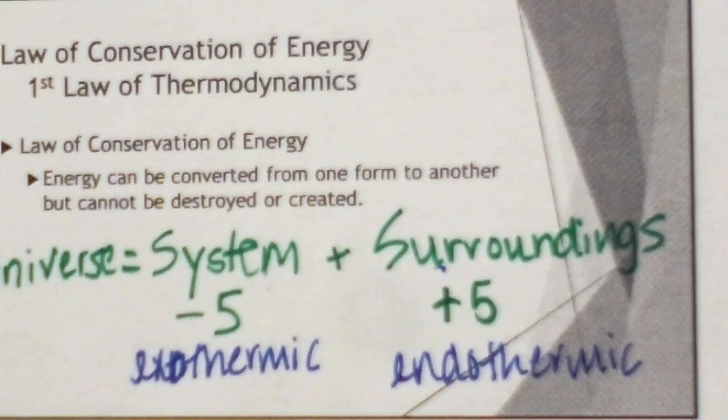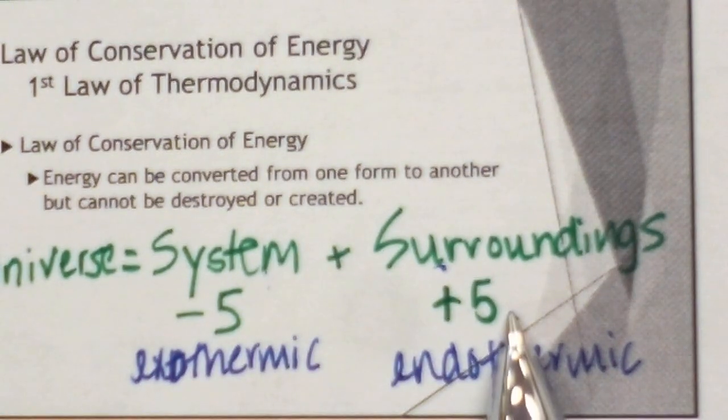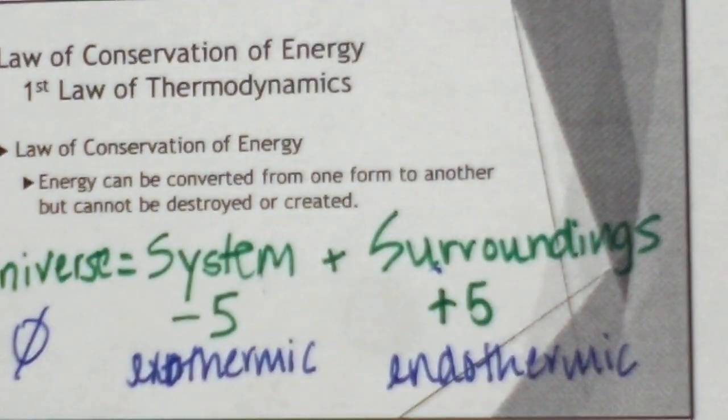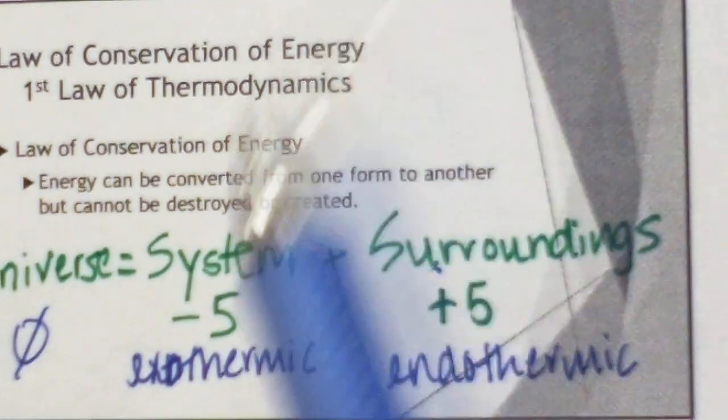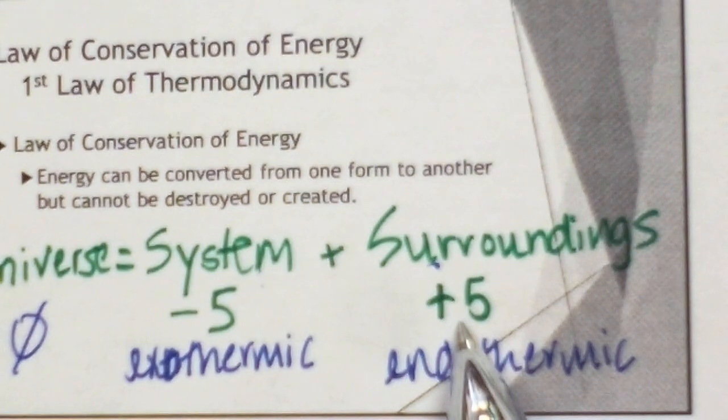And then the big umbrella thing that's happening here is when I add the energy lost by the system and the energy gained by the surroundings, I get 0. And the reason that happens is because the law of conservation says what happens to the system, the opposite of that happens to the surroundings.